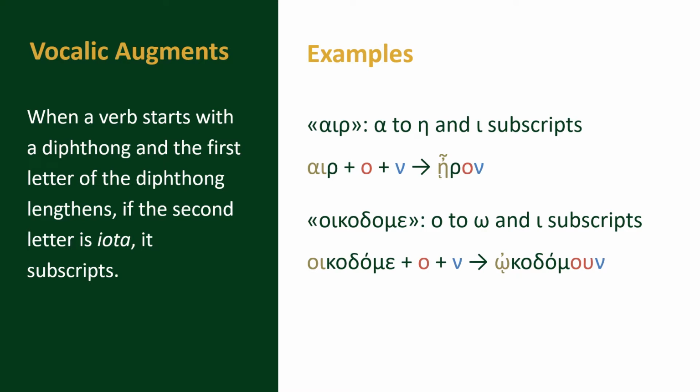Omicron lengthens to omega as the standard vocalic augment, and the iota is going to subscript. Thus the imperfect form becomes ōkodomoun, I was building, or I was building up. So when a verb starts with a diphthong and the first letter of the diphthong does lengthen, if the second letter is iota, it will subscript.